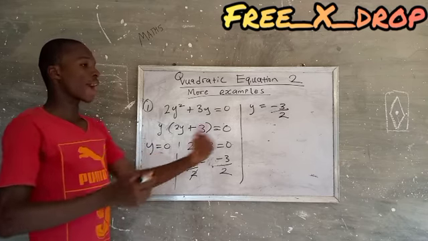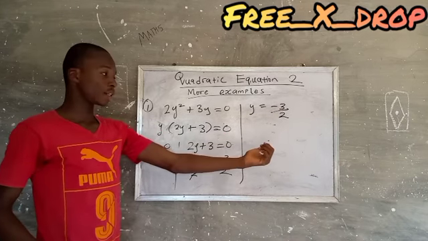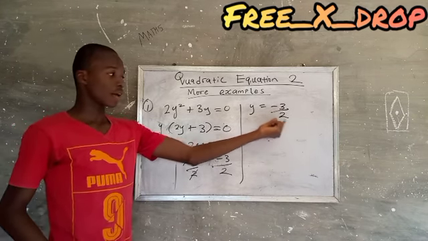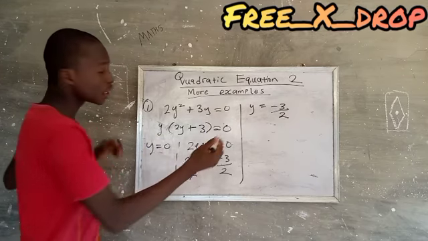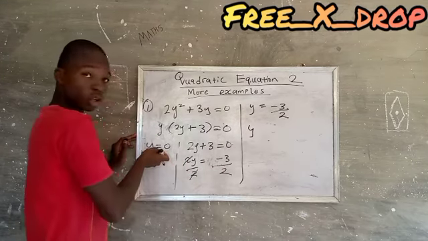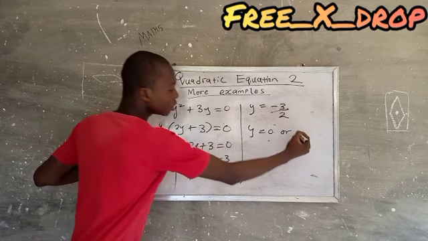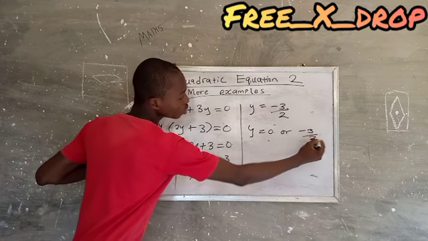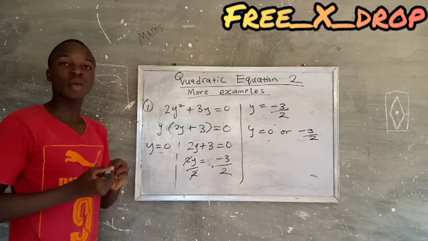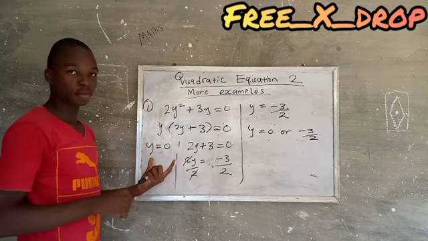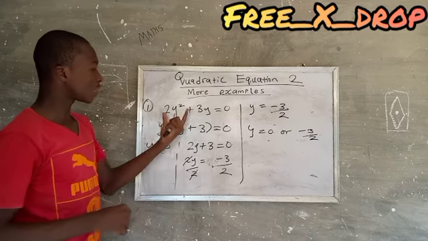This is your answer for y. So these are your two answers: your first y is equal to 0, or equal to minus 3 over 2. Those are your two answers for this question.